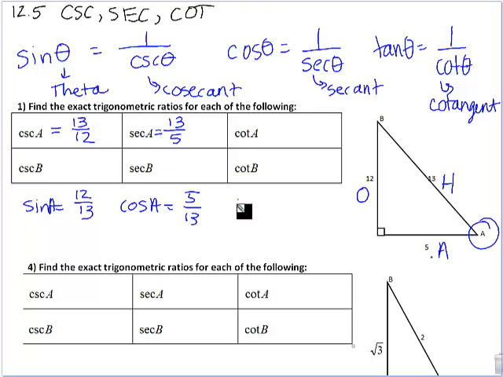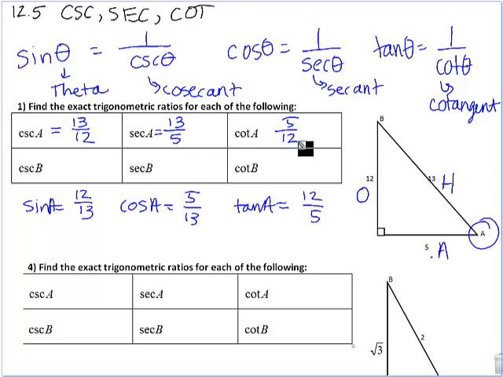Okay, cotangent is the reciprocal of tangent. So what's the tangent of A? 12 over 5. 12 fifths. So that means the cotangent of A is what? 5 twelfths. Is that okay so far?